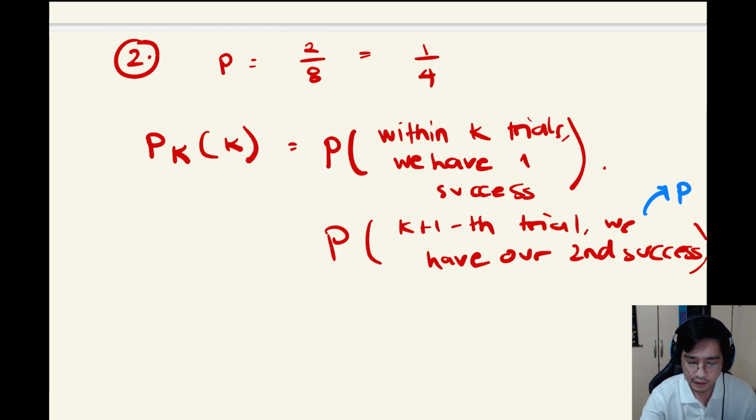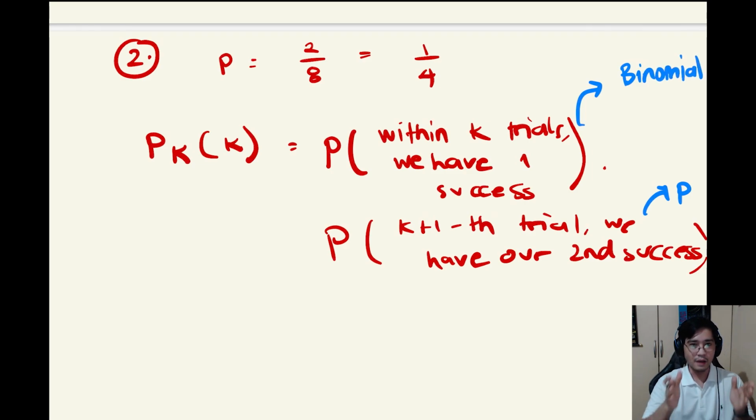And then this one, we can solve this. We have a PMF here. We can define this as a binomial random process or binomial random variable, because we have a fixed number of trials, that is K, and then we define one success out of those K trials.